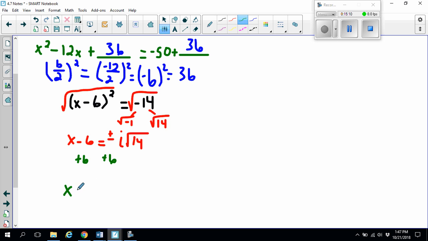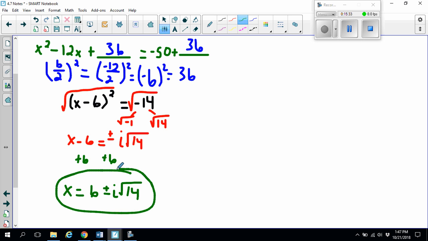This is what we do whenever we have complex numbers. Complex numbers usually indicate that we have an i, or imaginary. So since 6 is our real part of the complex number, we do 6 plus minus i square root of 14. And then this will be our final answer.